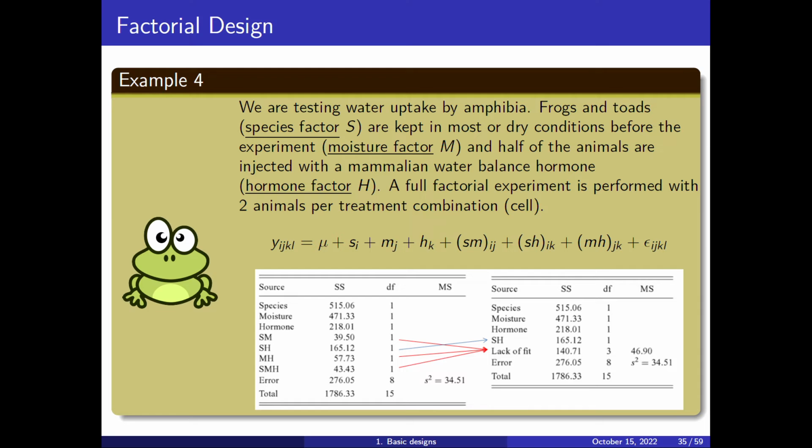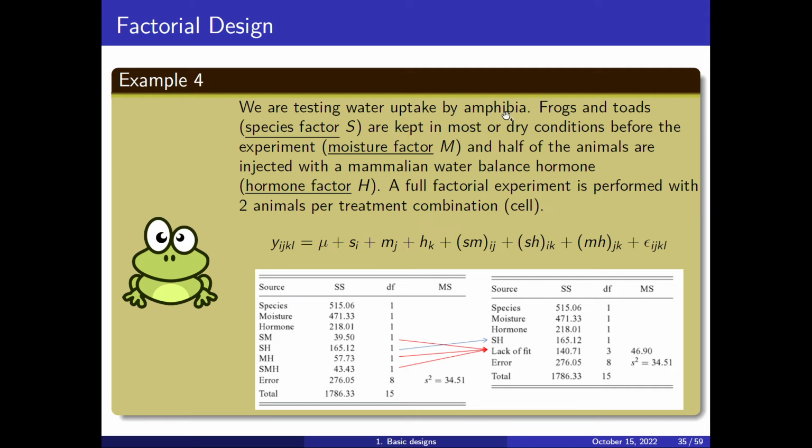So here there is an example. Let's say that you are testing water uptake by amphibia, and you want to know what is the effect of a mammalian water balance hormone on these amphibia. Mammals and amphibia are relatively far apart in evolution, so we want to see if this mammalian hormone of water balance has an effect on amphibia.